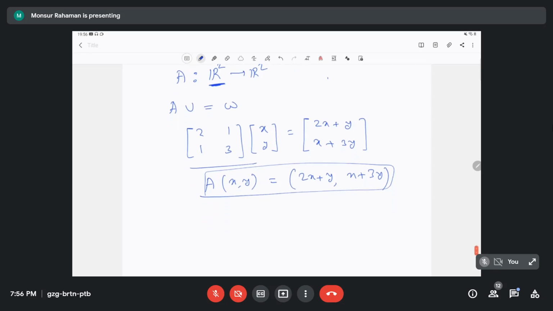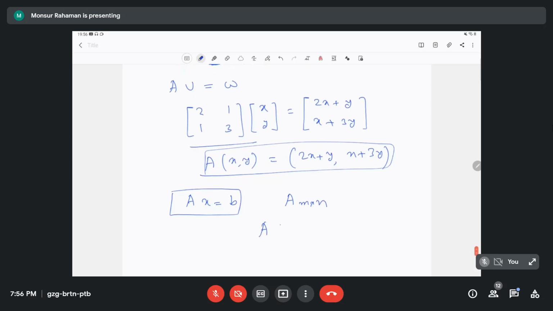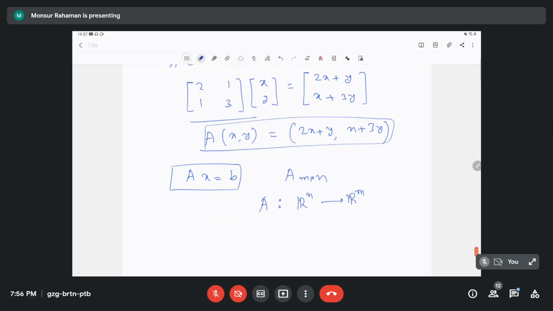So you know the system of linear equations. System of linear equations you can write as Ax equals b. If A is an M cross N matrix, so you know that A is a linear transformation from Rn to Rm. linear equation में क्या, जो system of linear equation होता है उसमें क्या करना होता है?